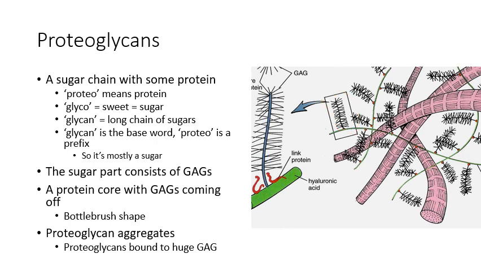But it is also possible to have them attach themselves to a larger glycosaminoglycan in what would be called a proteoglycan aggregate. So here, this large, long green molecule is hyaluronic acid, a glycosaminoglycan, and then coming off of it at different points, right here, right here, right here, you have individual proteoglycans. So again, a protein core with smaller glycosaminoglycans coming off of that.